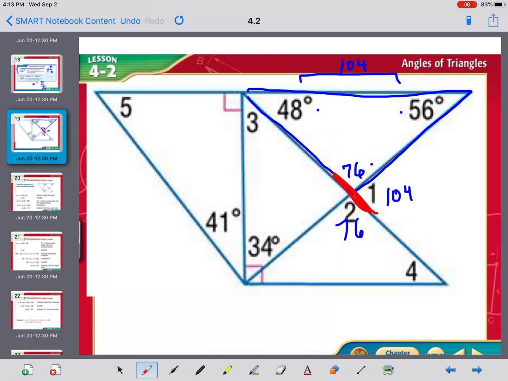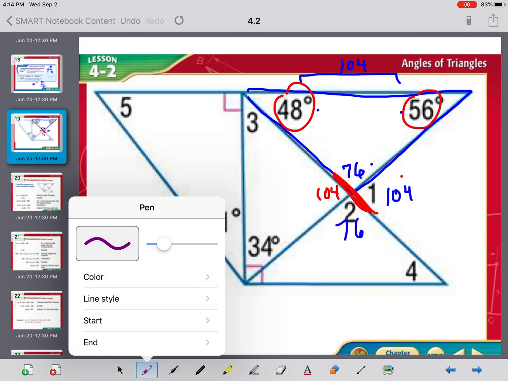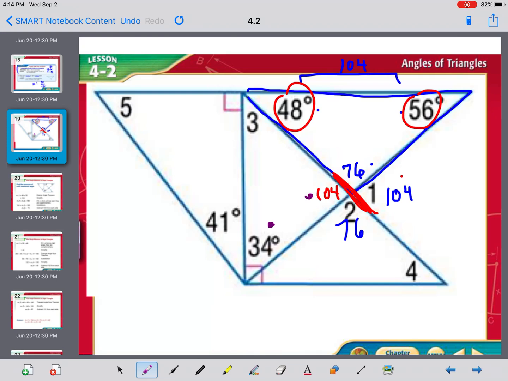And it also means that this is 104 a couple of ways. It's 104 because it's a linear pair. They are supplementary. It's also 104 because it's the sum of the two remote interiors. So that's great. So if that's 104, then that's 104. I may or may not need to know that, but I do know it. And actually, I think I do need to know it.